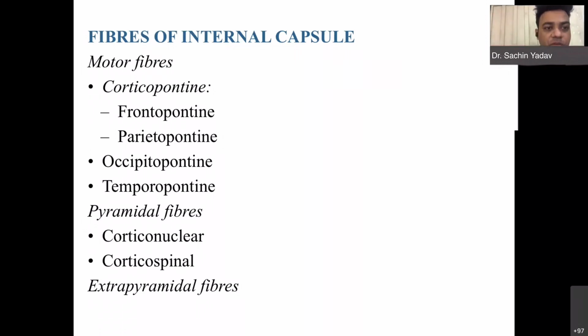And extrapyramidal fibers are those descending fibers of the cerebral hemisphere which are not going to terminate or synapse on the motor nuclei of the brainstem or spinal cord, but on some other nuclei which are helping or coordinating the various movements of the body. Okay, so these are the extrapyramidal fibers.